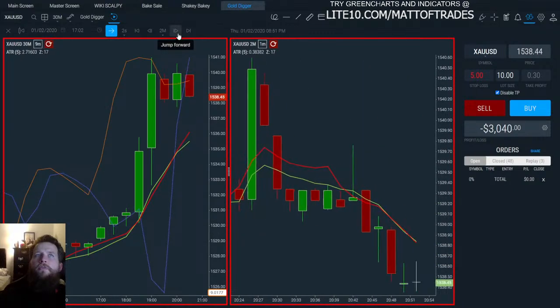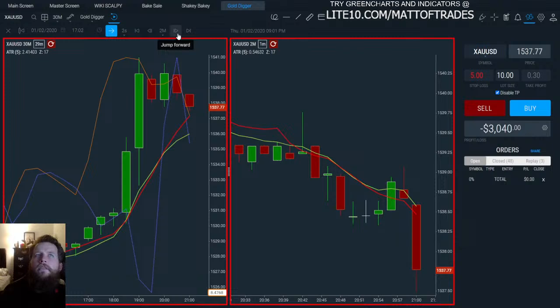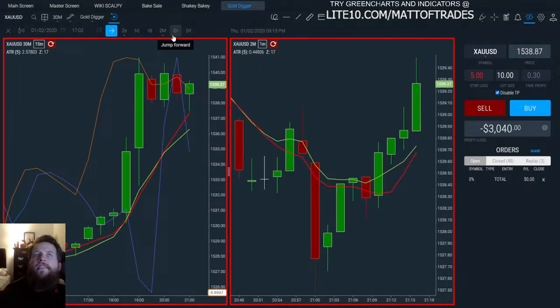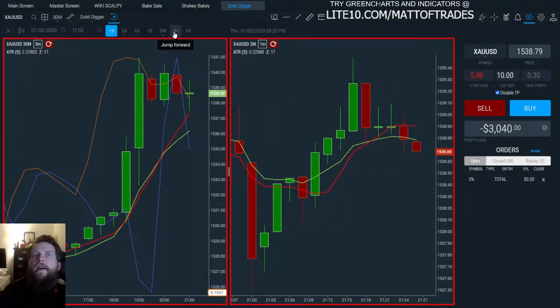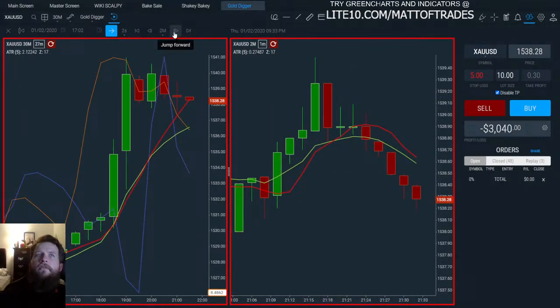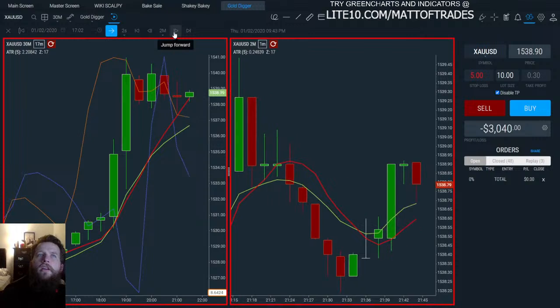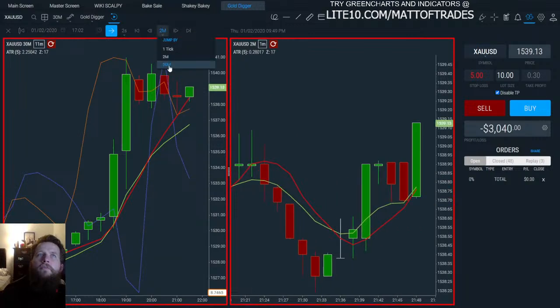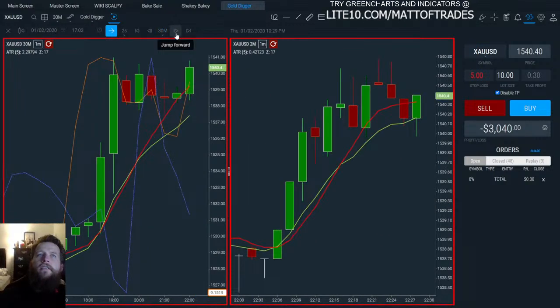Okay, I need orange to point down. There it is. Except blue's pointing down too now, which could save us from disaster. I mean, we are kind of looking like we're going to bounce off pressure there. And, yeah, blue's not going to get us anything.